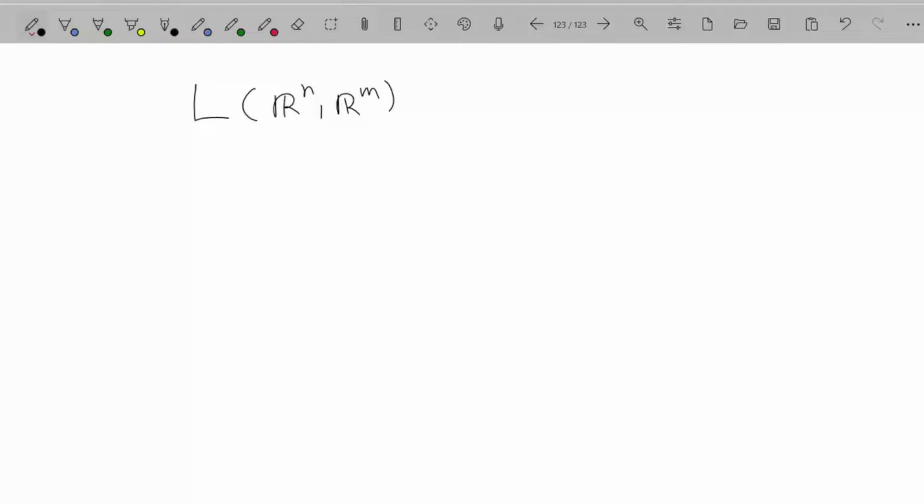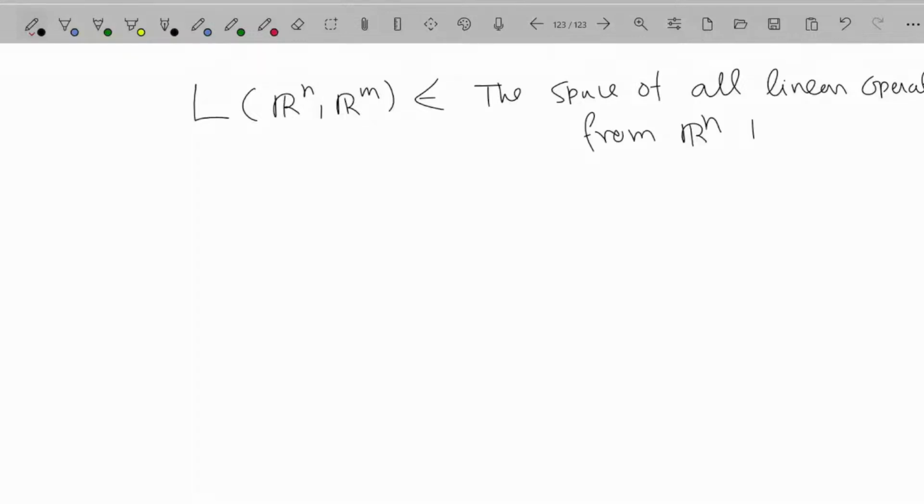It's the space of all linear mappings or linear operators, you can say, from Rn to Rm. If n and m are equal, we will just use the notation L(Rn). This is the space of all linear mappings, because it will let us write things in shorter form.